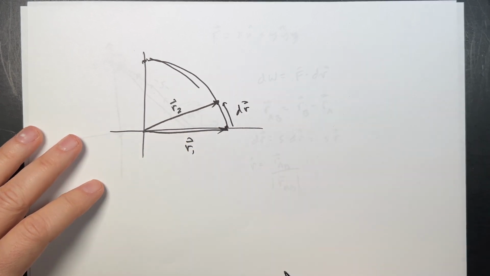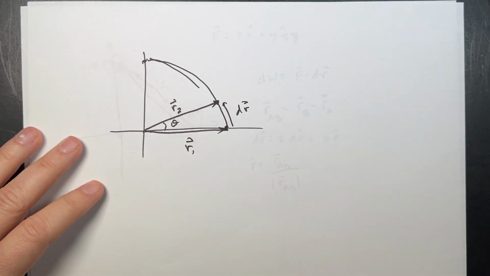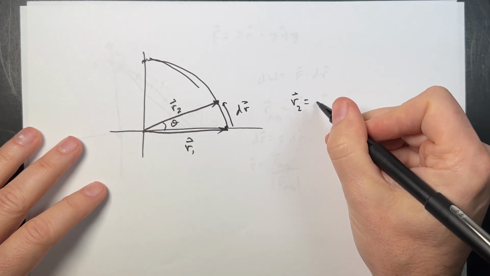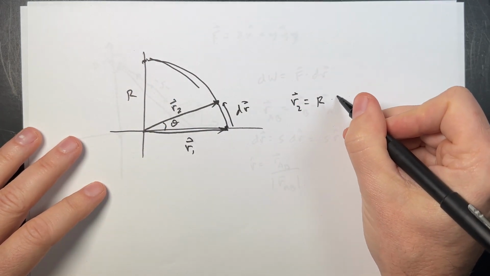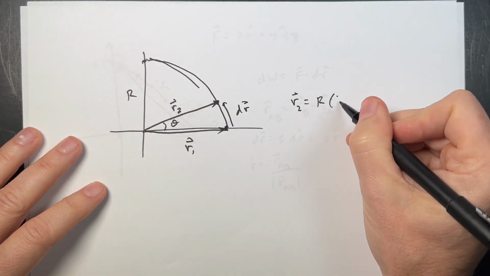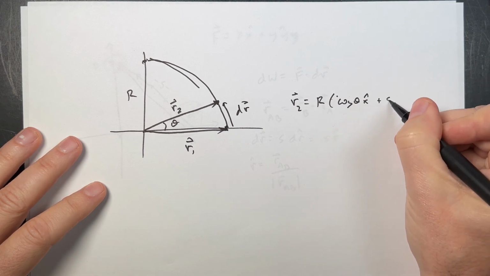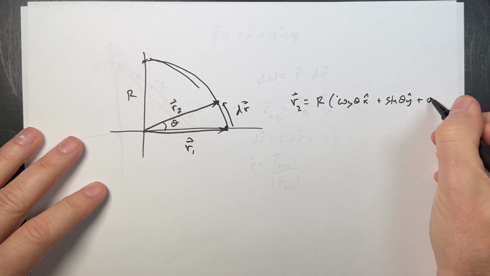There are a lot of ways to move in a circle, but I like this way. If that's at some angle theta, then R2 is going to be the magnitude, which I'll call R, the radius of the circle, times the vector cosine theta x hat plus sine theta y hat plus 0 z hat.